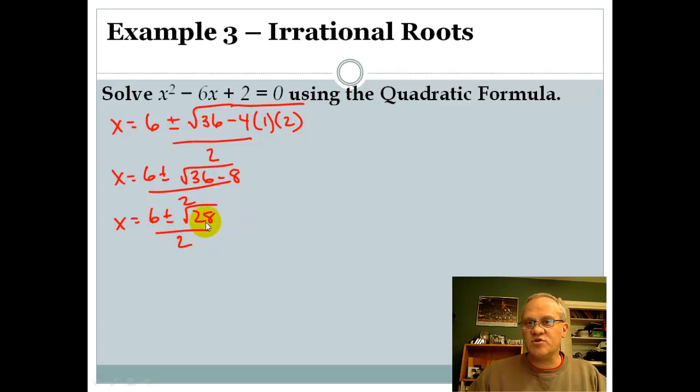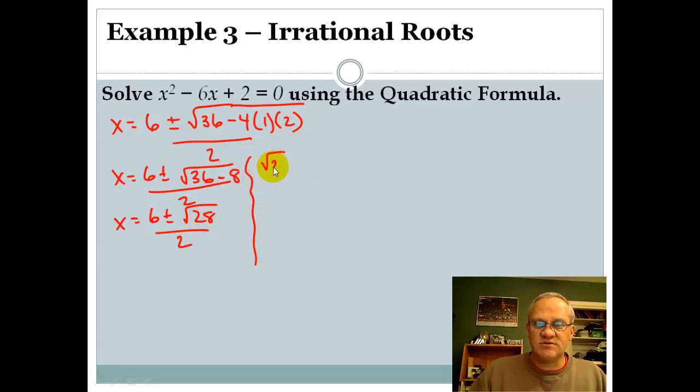Notice, that's not a perfect square. So this is where we're going to end up with irrational roots. But we can simplify this. If you remember, a few sections ago, we did some simplifying of square roots. And remember, we can break this up into two things that multiply together, where one of those is a perfect square. And in this case, I'm going to draw a squiggly line here so you know this is different.